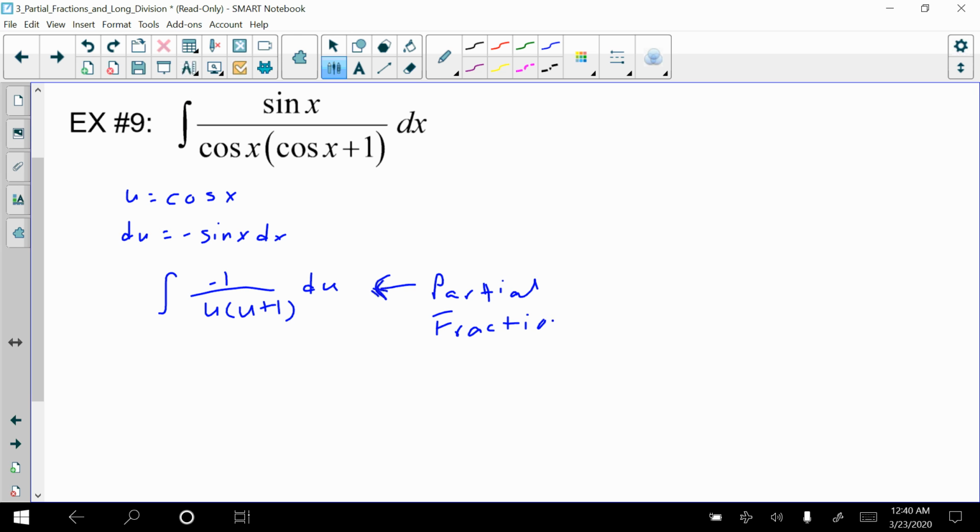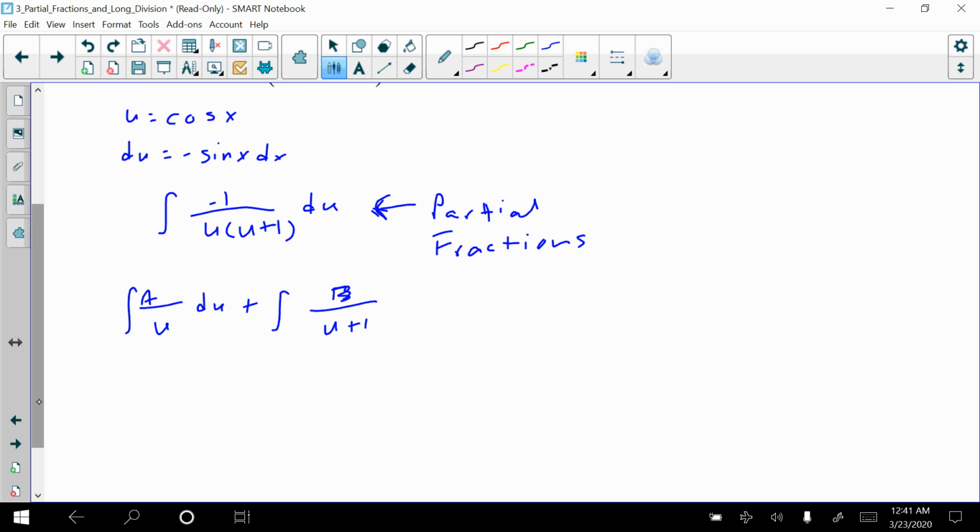So we're going to break this up where we have the integration of A over u du plus the integration of B over u plus 1.